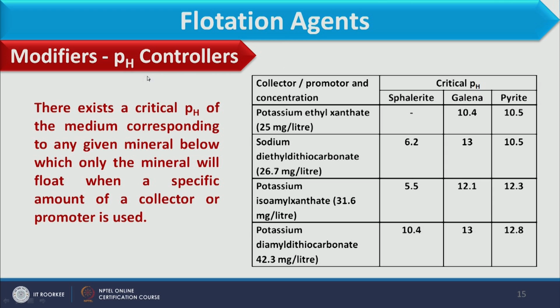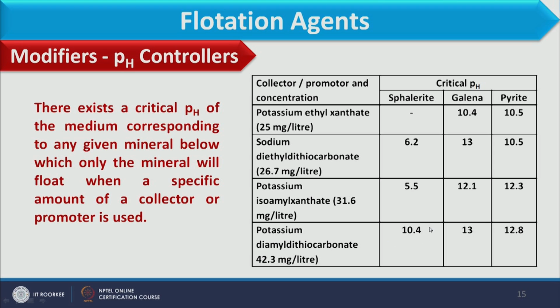Another modifier is the pH controllers. If you see, this is the table where I have different critical pH for the compounds. For example, if I am considering sphalerite and using potassium xanthate as a collector, the critical pH of the medium for sphalerite to be floated off is 10.4.